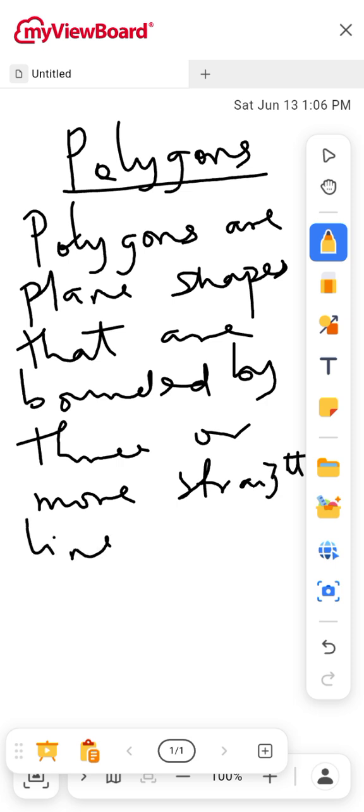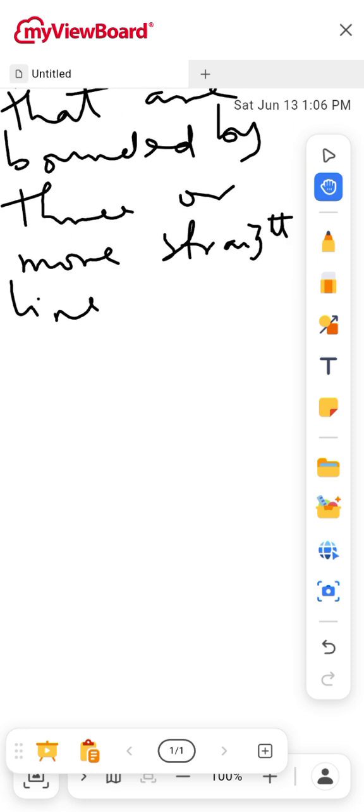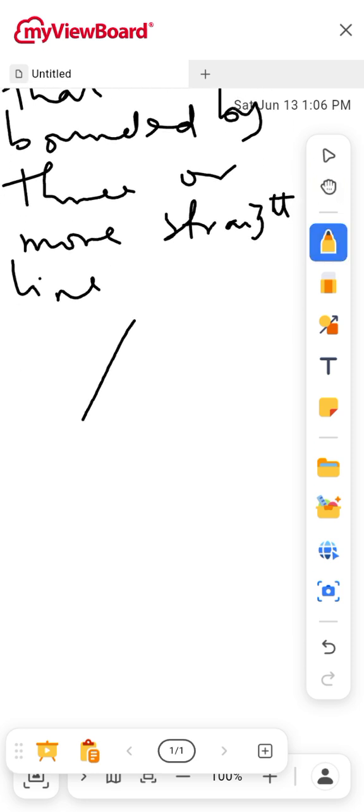And when we talk about straight lines, it begins from the triangle, three or more straight lines. This is a polygon. This is a three-sided polygon.